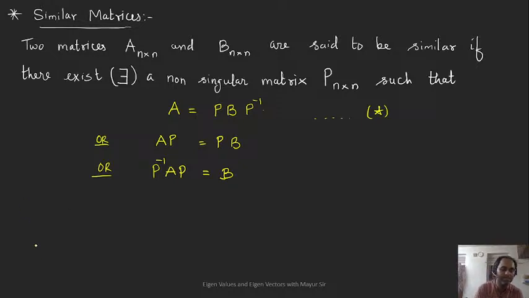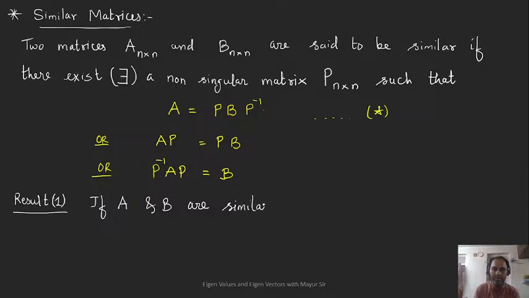Now here comes a very important result. Result number 1 is: if A and B are similar matrices, then they have the same eigenvalues.